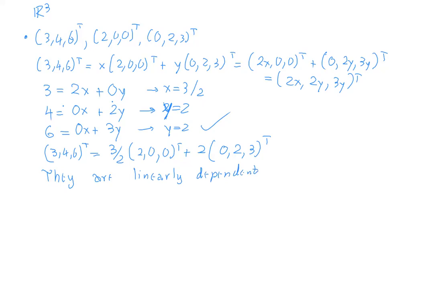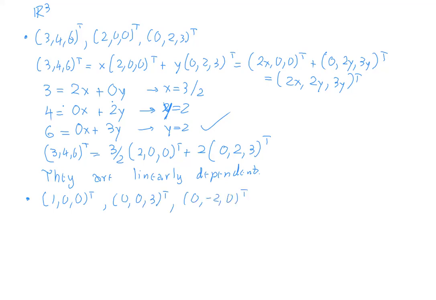Then, what were the other vectors that I gave you? Could somebody please tell me the second set of vectors that I gave you? 1, 0, 0; 0, 0, 3; 0, negative 2, 0.